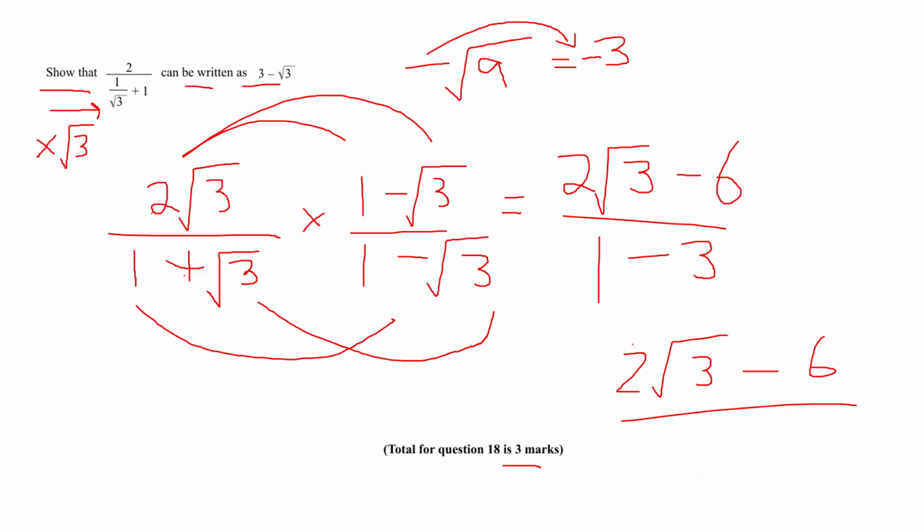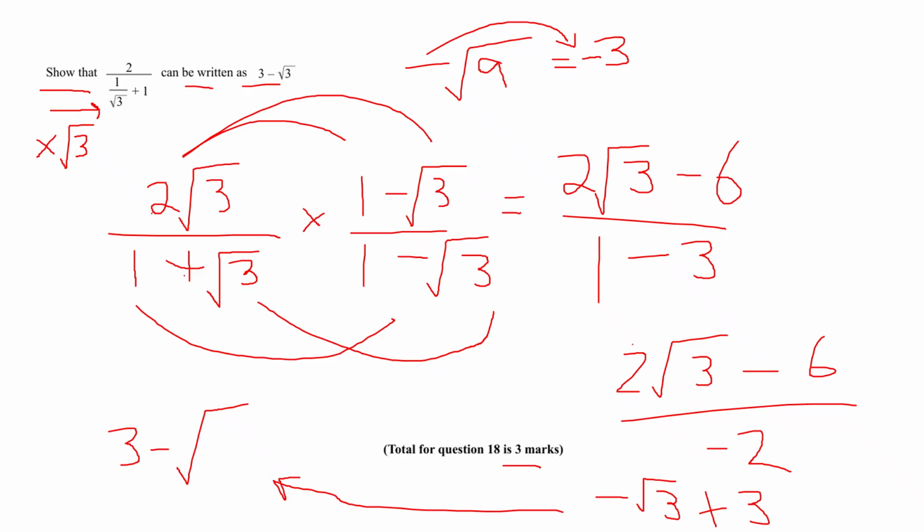So dividing everything by minus 2, we're going to get minus root 3 plus 3, which I can just rewrite as 3 minus root 3. Okay, and that, guys, is my final answer as required or as shown.